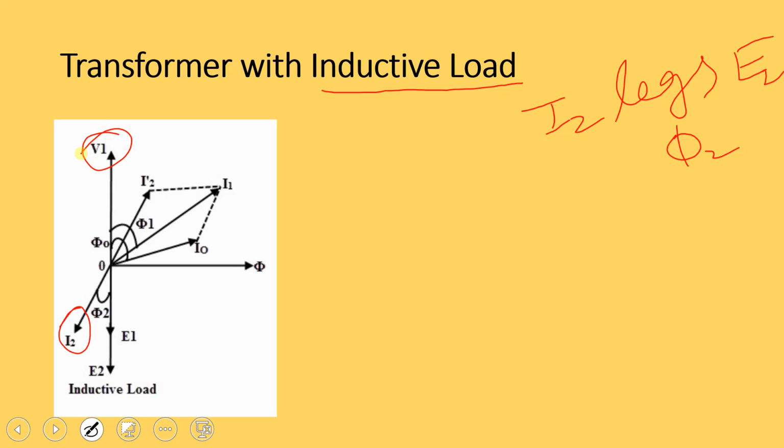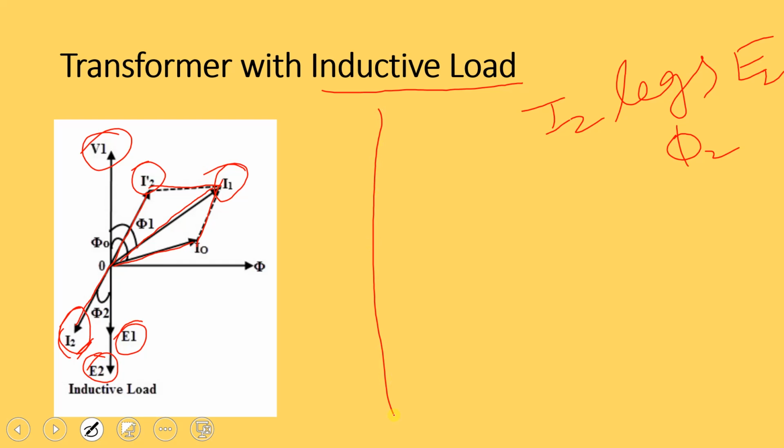V1 is the voltage in the primary, this is the opposite induced voltage E1, this is E2, the induced voltage on the secondary side, this is the I2 current which is flowing, and it lags behind because of the inductive load, and opposite to this we draw I2 dash, the same amount on the opposite side, and this is our no load current, and we complete the parallelogram, and this resultant is our I1 dash.